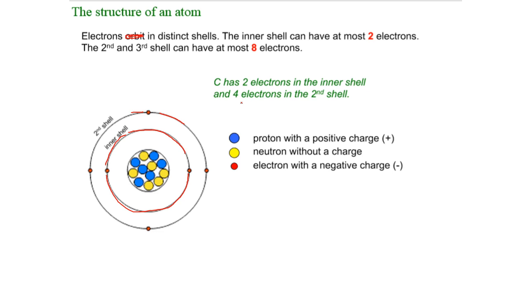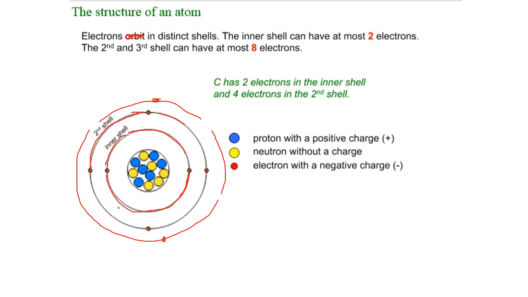The first shell can only have 2 electrons, the next shell can only have 8, and subsequent shells typically have either 8 or 10. But for the purposes of this class, we're almost always going to be talking about shells that have 8.